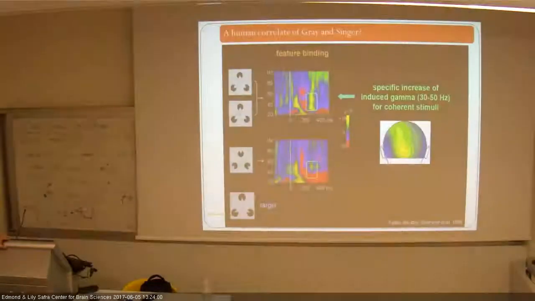But then, like 10 years later, this group of researchers in France said, well, let's see if we can find evidence of this kind of binding using EEG.